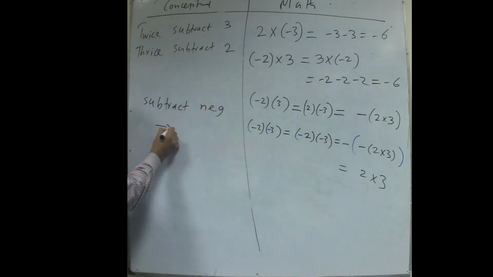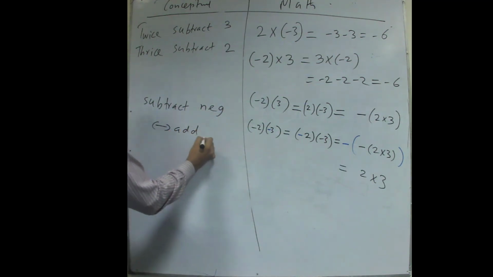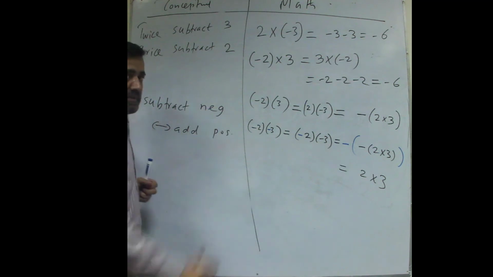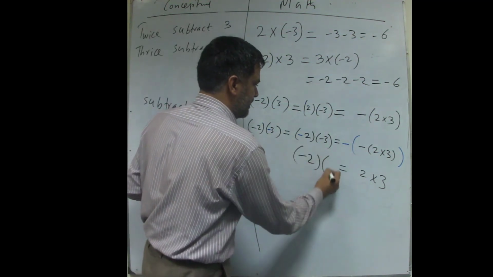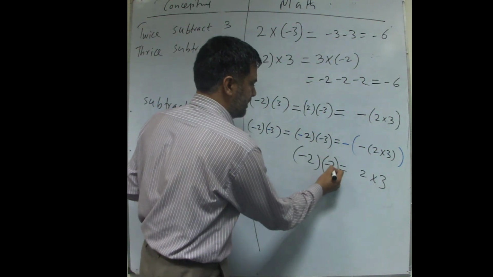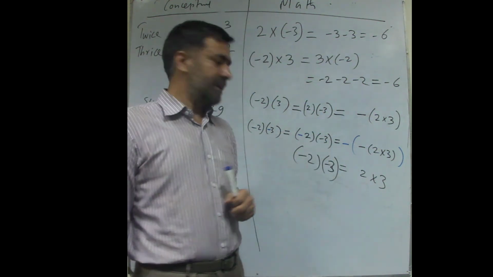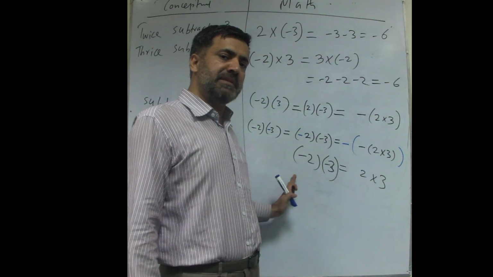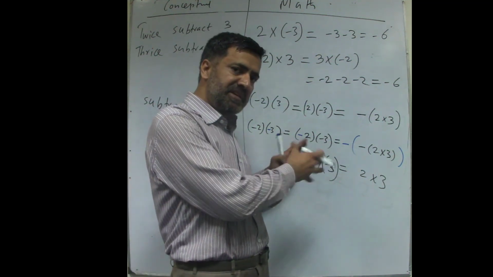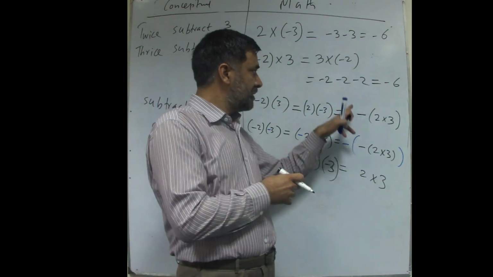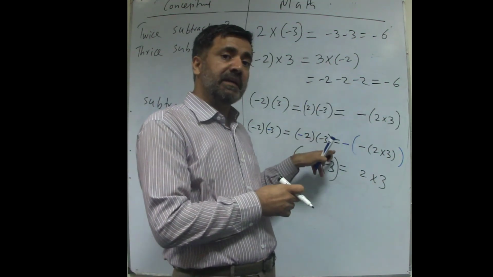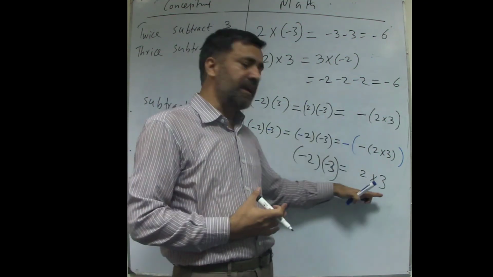So now I have discovered a new rule. When I multiply two negative numbers, even if it is very difficult to conceptualize, the rules of arithmetic dictate the answer.